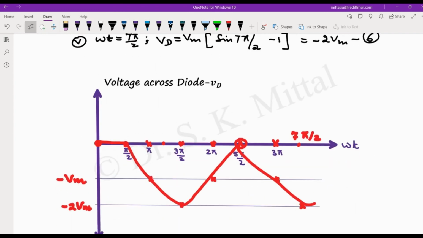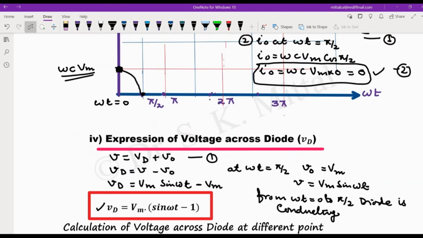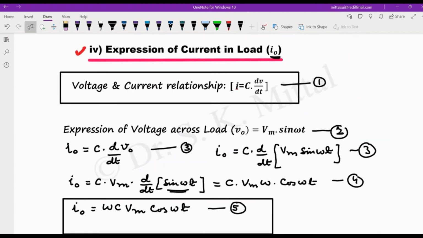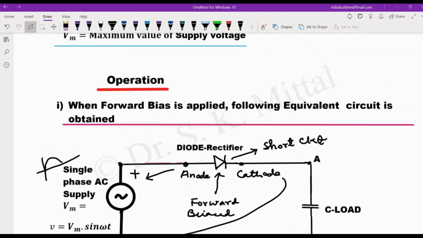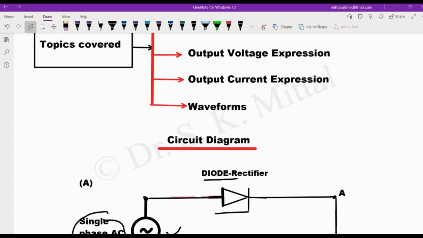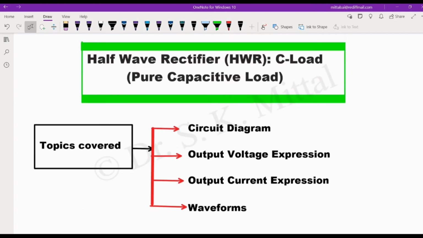So in this way, voltage across diode can be drawn. So now this was all about the half-wave rectifier fundamentals with capacitive loads. Thank you.